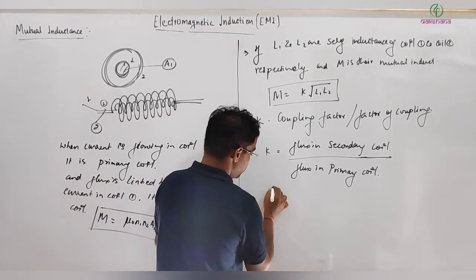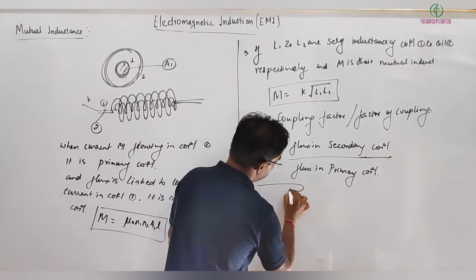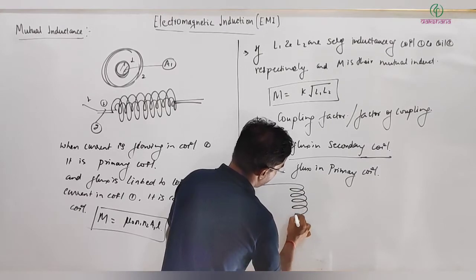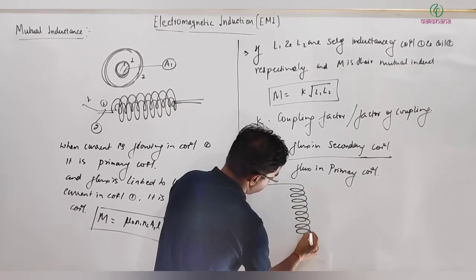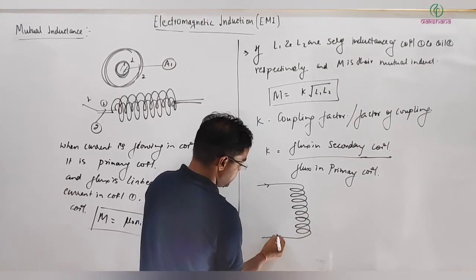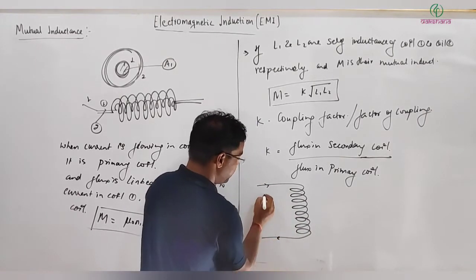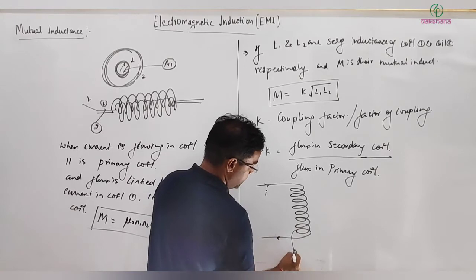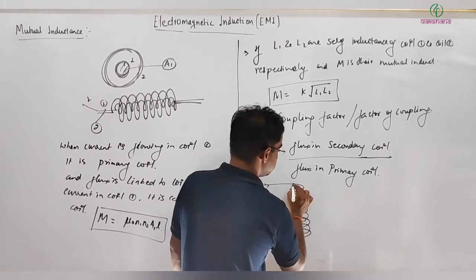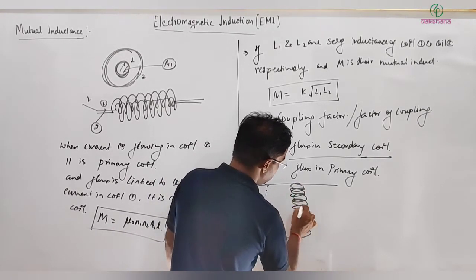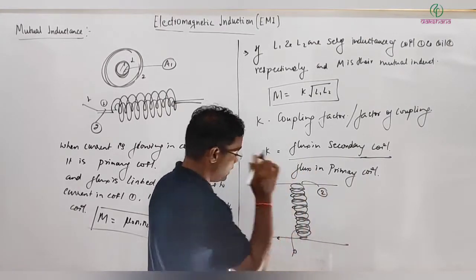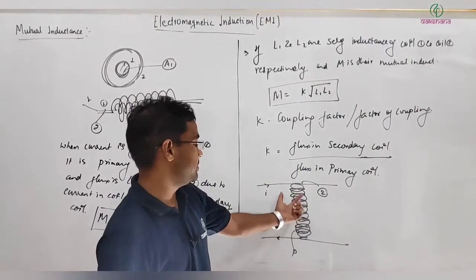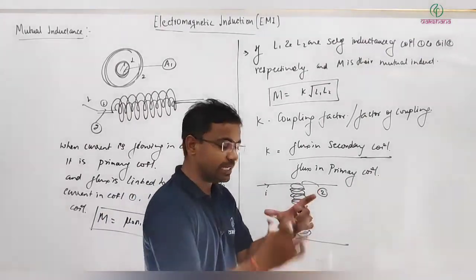If the coils are like this, let's say current I is flowing in this primary coil, and the secondary coil is also linked like this. You can see it is completely coupled.